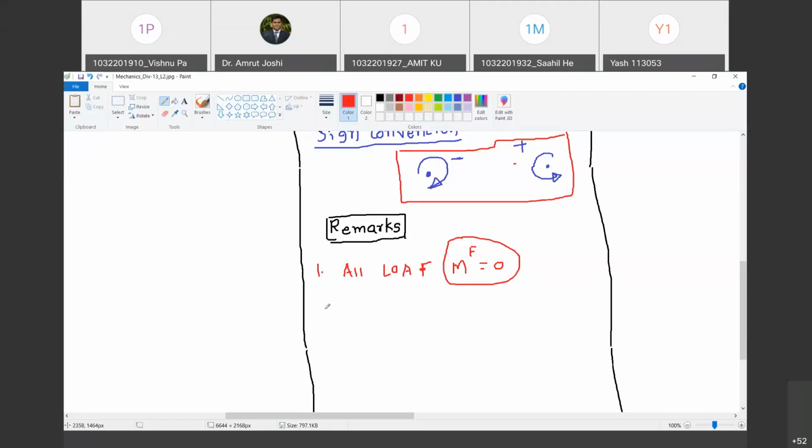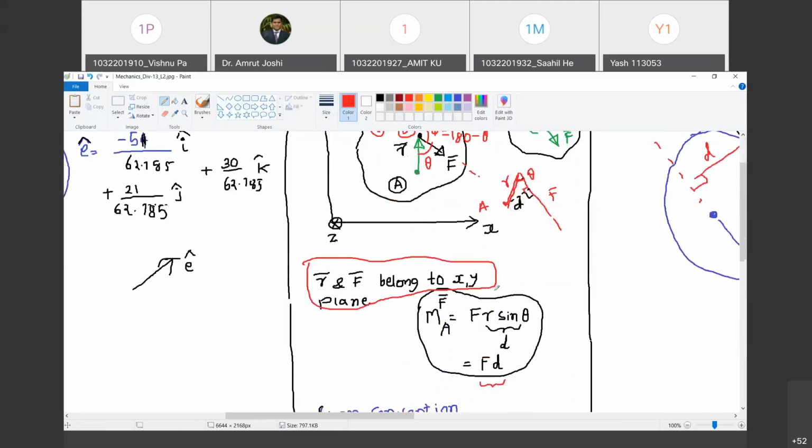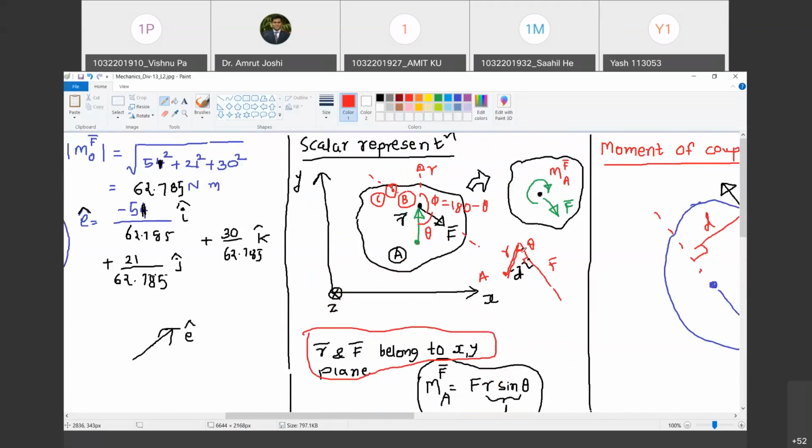So, sir, in short, we can write in the formula that if the angle is 0, then the torque is 0. Angle 0 is one thing, but D is also 0 here. Both mean the same, but understand it in this fashion: D is 0 because the point is lying on the line of action of force.